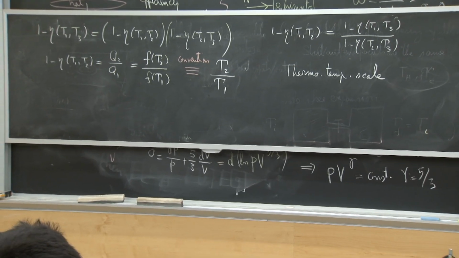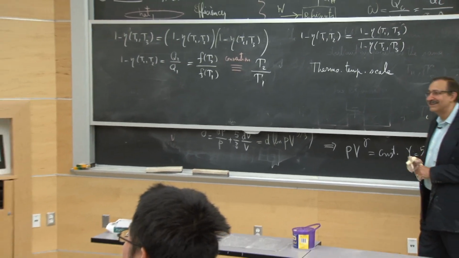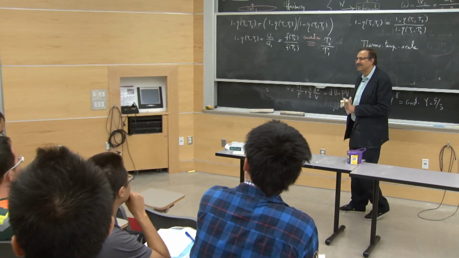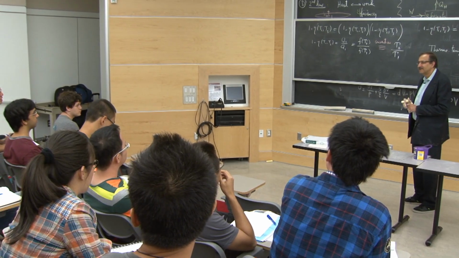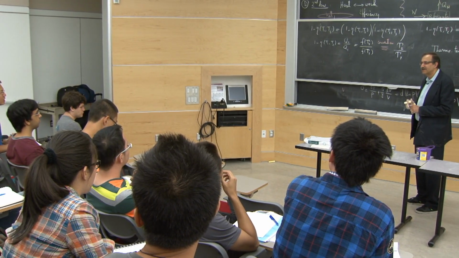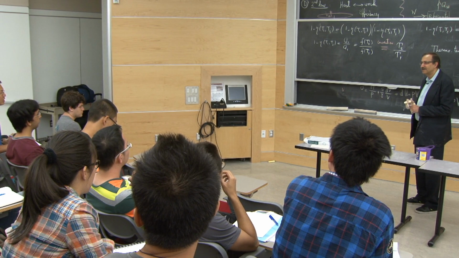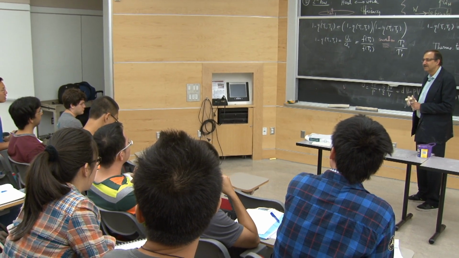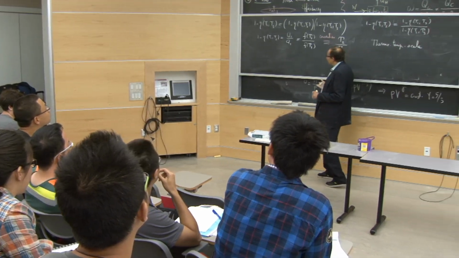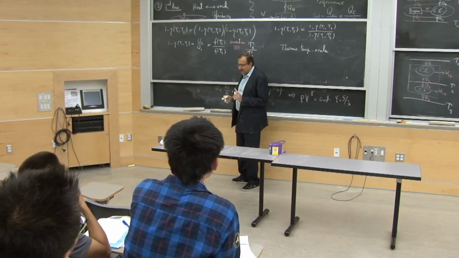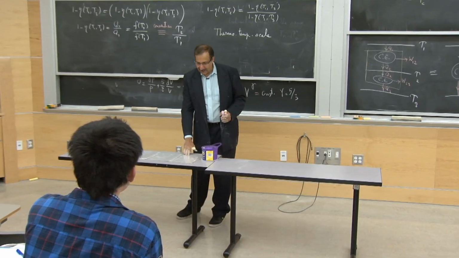Yes? Isn't it more precise if we assume that T2 and T1 in F, when it appears in F, are empirical temperatures, and we define the absolute temperature to be F of theta 2, something like that? Okay. What I wanted to say next maybe answers that.